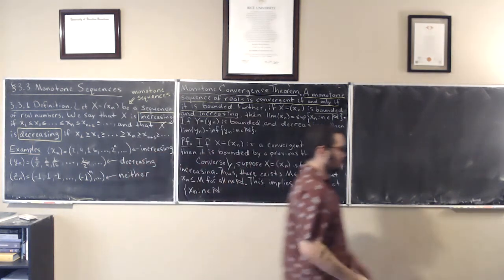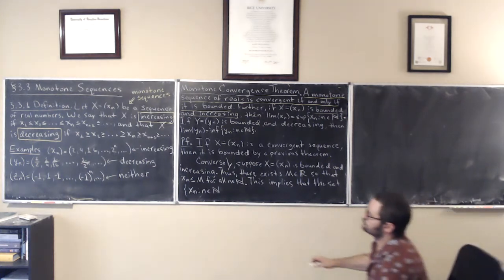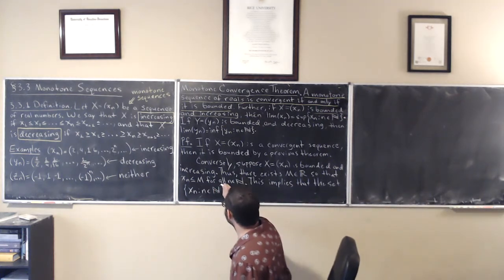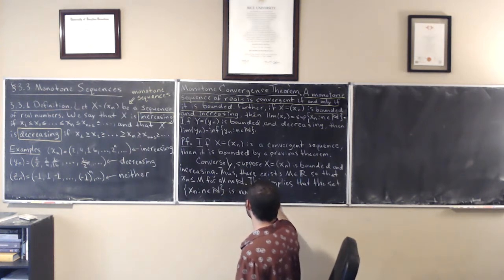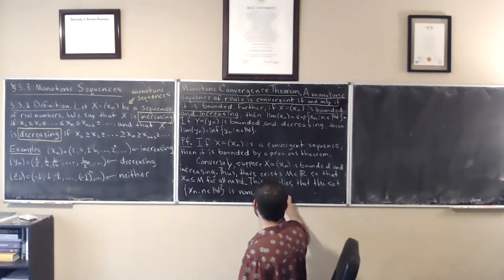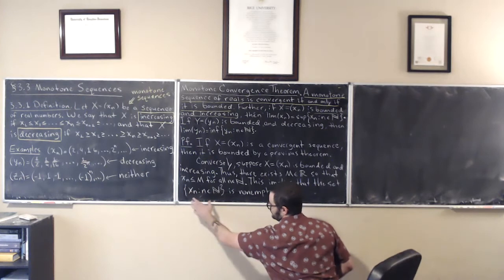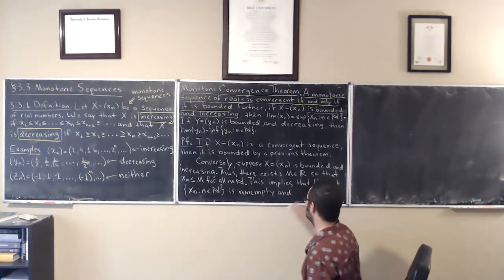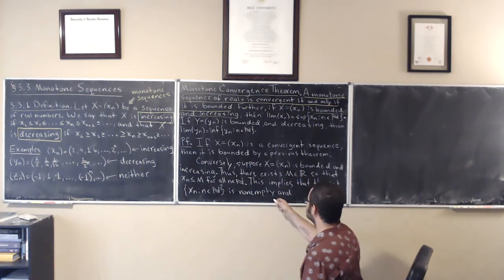This set of the terms is non-empty and bounded above. If the sequence is bounded, then this set is bounded above, and it's non-empty because we're assuming that the terms exist, right? So it's non-empty and bounded above.